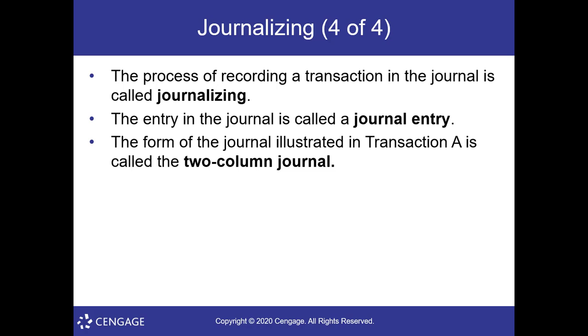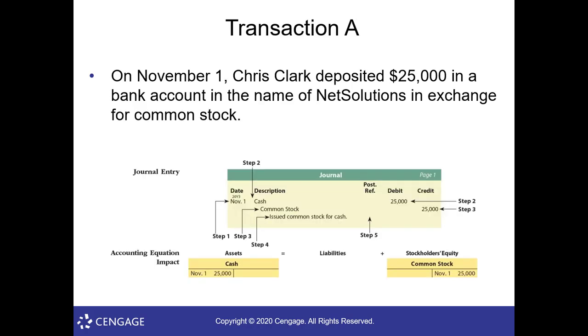So going back to the November transactions, Chris Clark opened up a bank account in the name of NetSolutions in exchange for all the common stock. We recorded that in Chapter 1 by a plus under the cash column and a plus under the stockholders' common stock column.